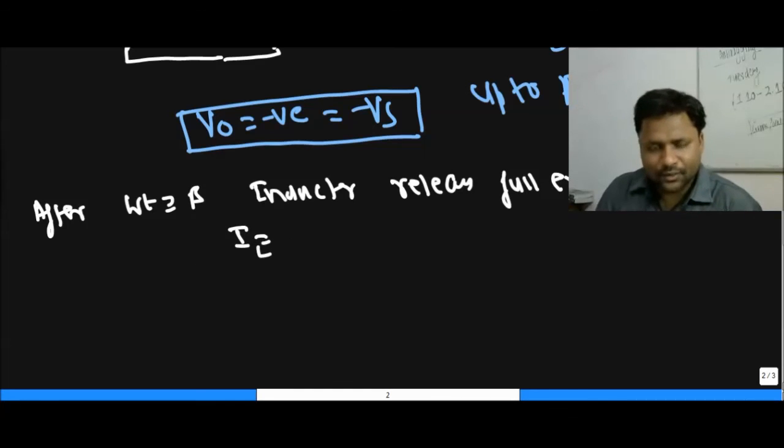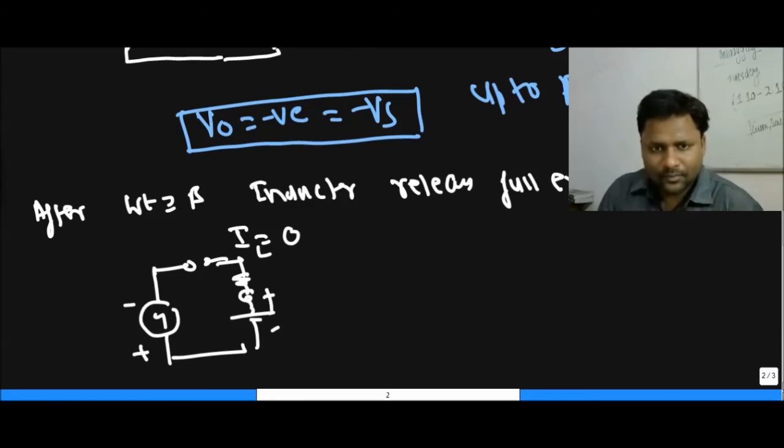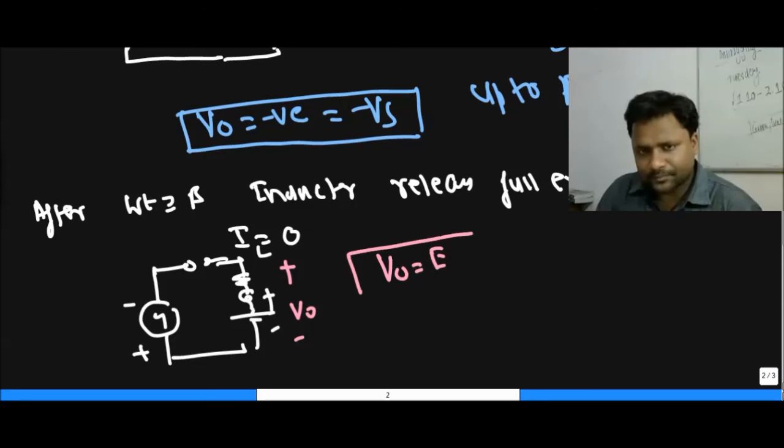Current in the inductor is 0, the supply is negative, the diode becomes off, and the output voltage, plus minus, is equal to the battery EMF.